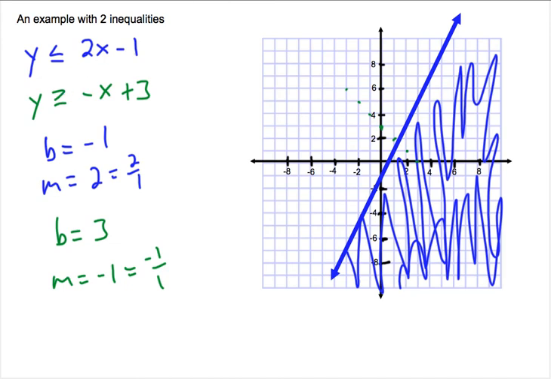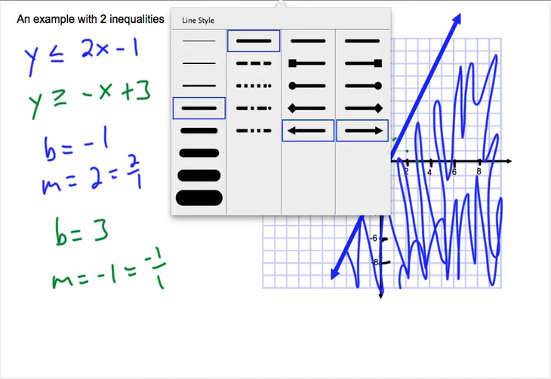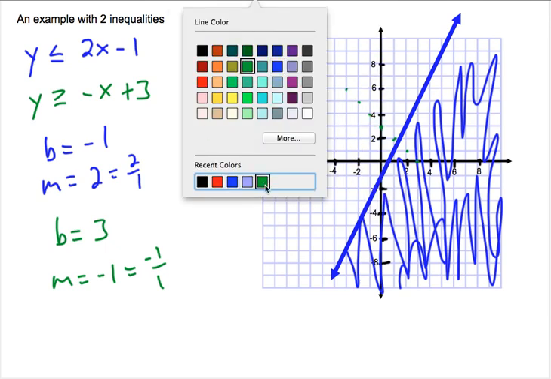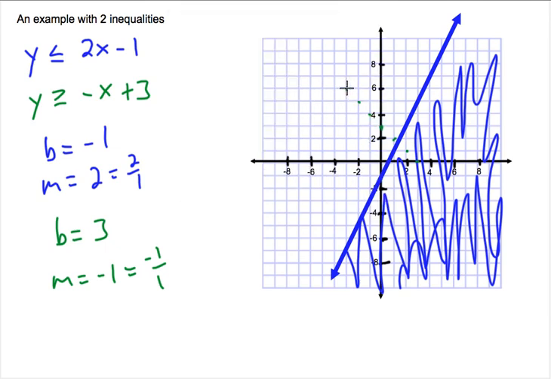And it's going to be a solid line. So here we go, solid line. And it's going to go all the way up to here. Okay, and for the shading, it's going to be above because it's greater than.